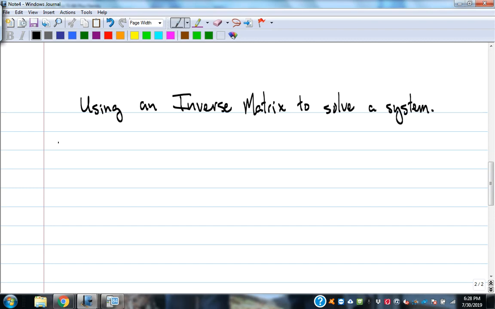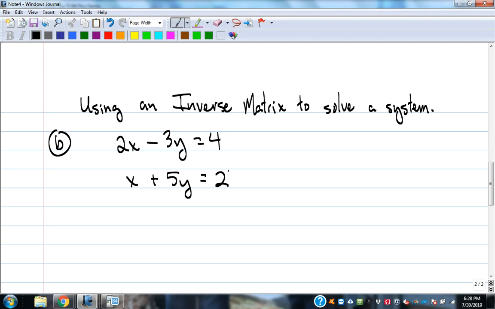All right, so let's take a fairly simple system, 2x minus 3y equals 4, and x plus 5y equals 2. All right? Now, you have what's called a coefficient matrix. We've talked about an augmented matrix. The augmented matrix has everything in it.